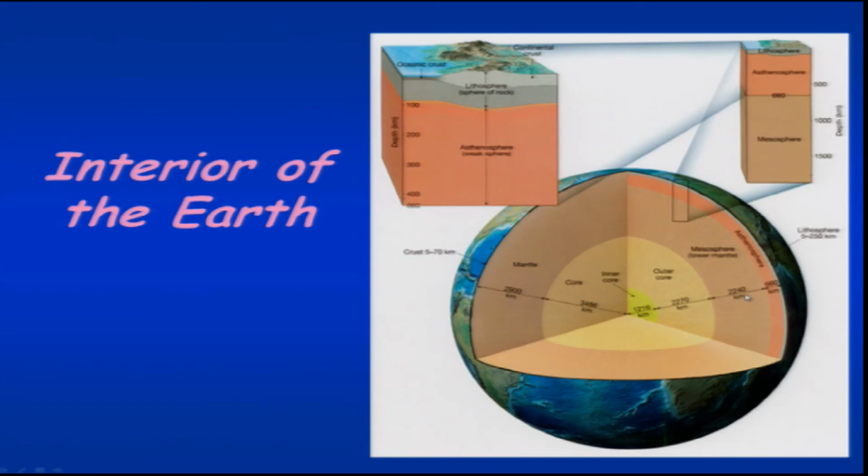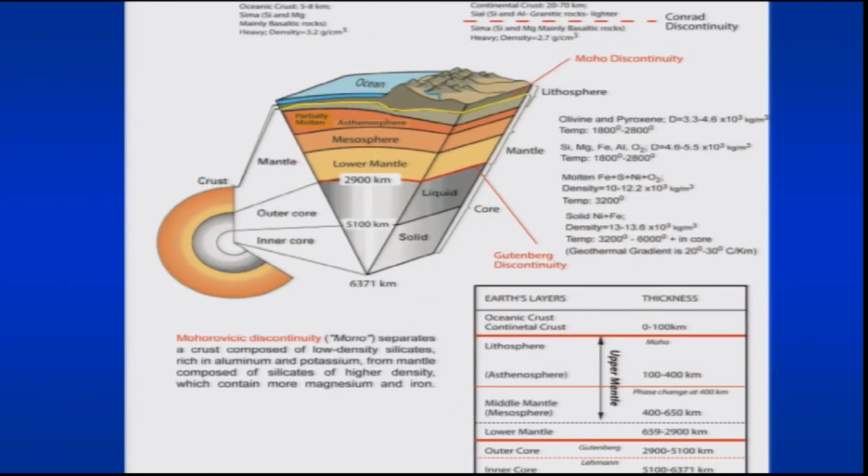It is not homogeneous, it has different layers. So we have the core, the mantle, and then the crust. These are the broader classifications of the earth. Of course, when we talk about the interior of the earth and the seismic waves, we will discuss how the seismic waves helped in knowing the variation of the material or the boundaries of different layers within the earth.